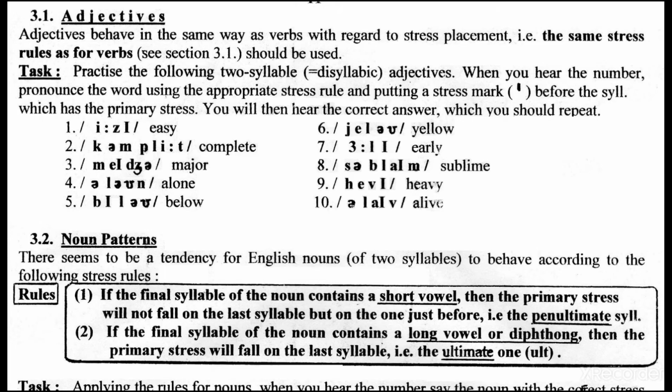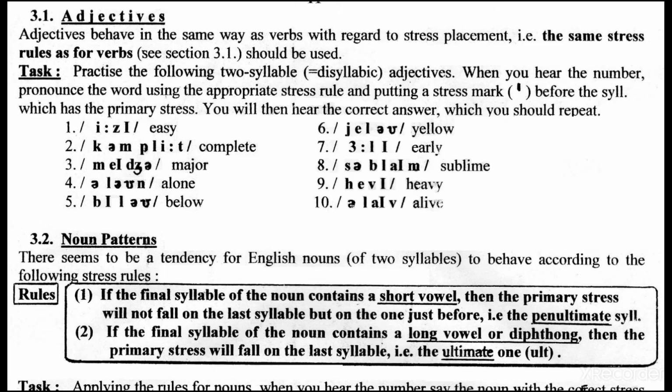Why did I put the stress on the penult and not on the ult? Yes, this is an exception to the rule. So you say yellow, stress on the penult and not on the ult, because it is an exception to 1A, a diphthong. Okay? This is English.